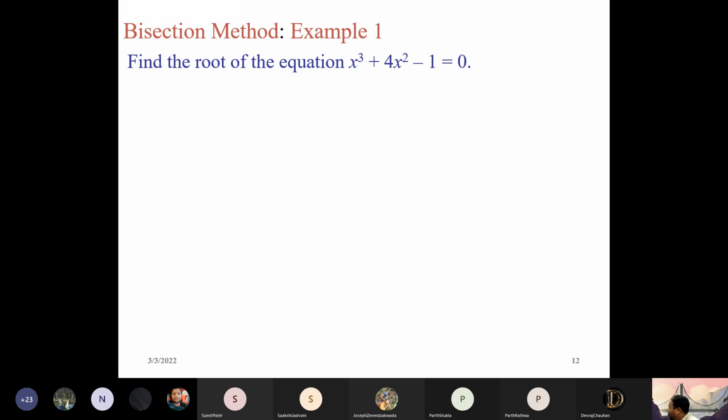If I require the other 2, I have to do 2 more calculations. So this is the big disadvantage of this method. At 1 time, I can get only 1 root. If I require 3 roots, I have to repeat 3 times. Is it okay? It is very easy, very simple to understand this one.